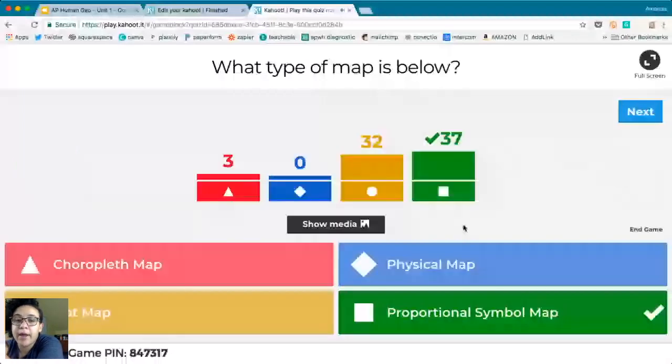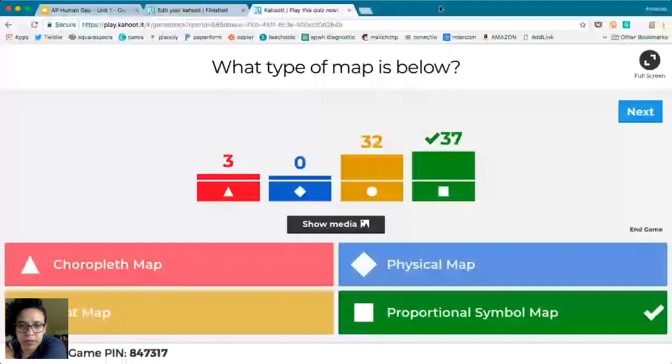So remember, dot map is the one with all the little dots showing you the data. Proportional symbol is based on how the symbol will change in shape or size based on how much data it is showing you. The dot map was the race one that I showed you of who lives where. Proportional symbol was the percentage of Hispanic people who live there.